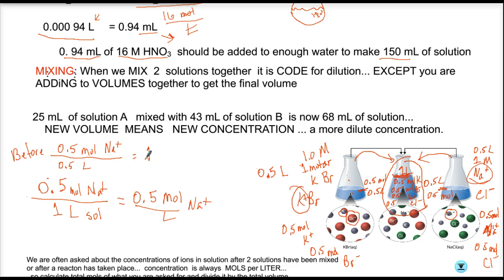So we had a 1 mole per liter of Na plus in every liter of that solution. Or it could be written as 1 Na plus, 1 molar Na plus. So you see how it dilutes that down.